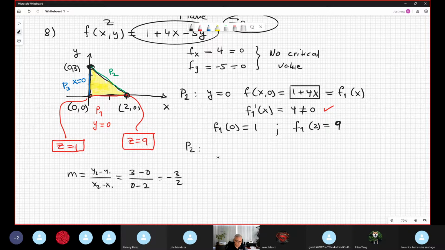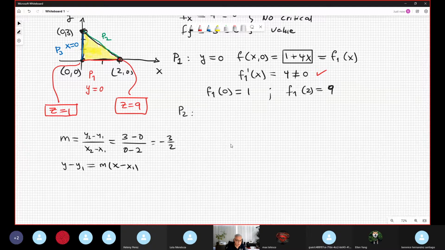I'm using the famous equation y minus y1 equals slope times x minus x1, which is point-slope form. In my opinion, it's a fantastic way to find the equation of any line when you have in hand a slope and 1 point. So the point I take is totally arbitrary. I take 0,3 or 2,0. I take 2,0.